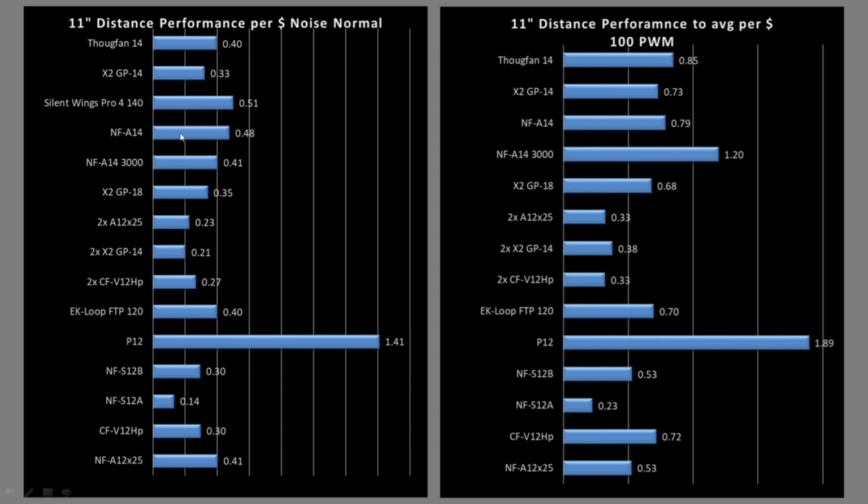It's not really way up there, but up there compared to these three. And the one X2GP18 is actually a better value proposition than anything else there. But the two fans of everything else are actually worse value than having one X2GP18.